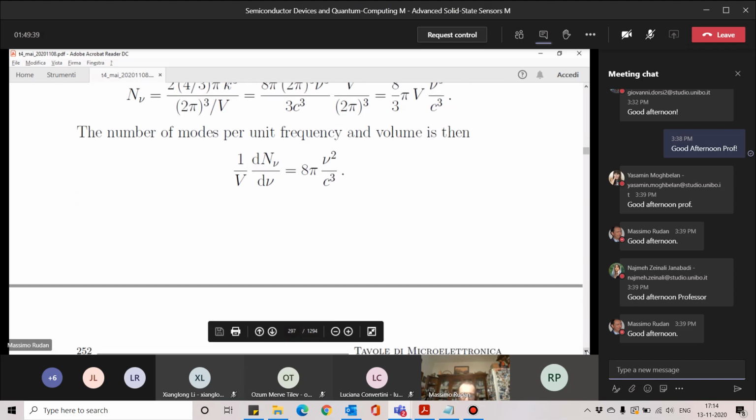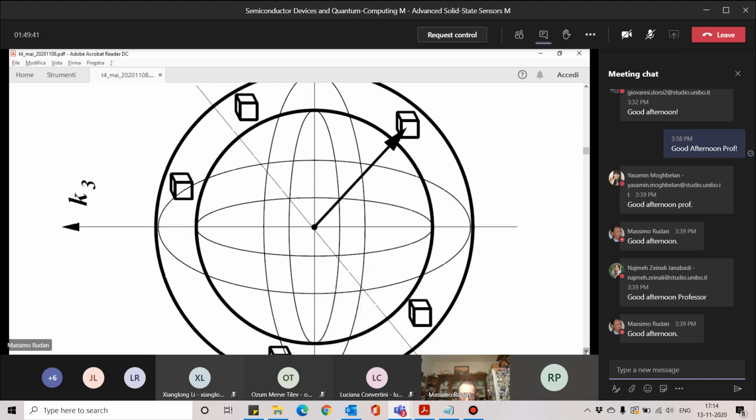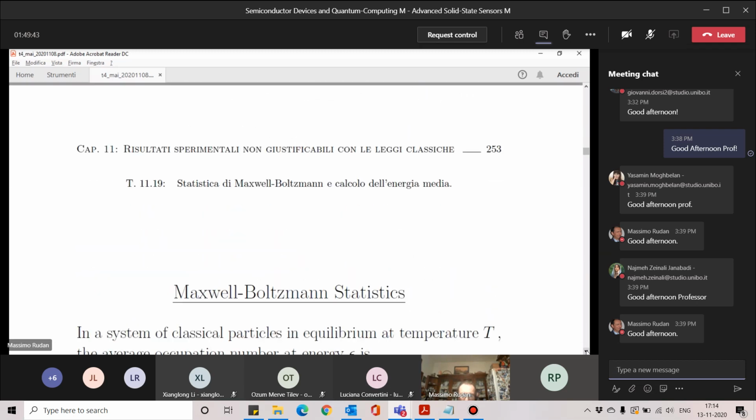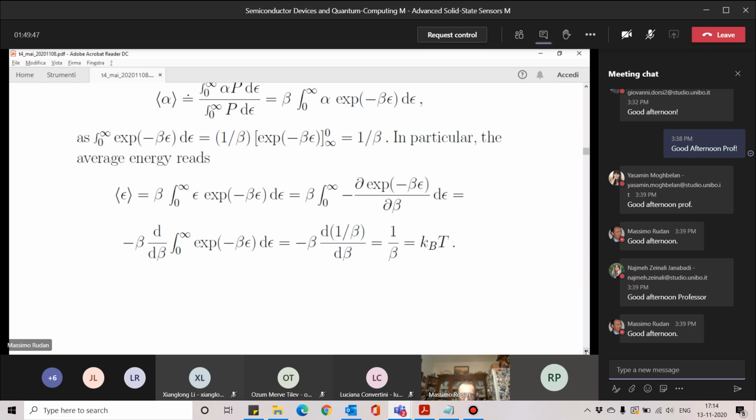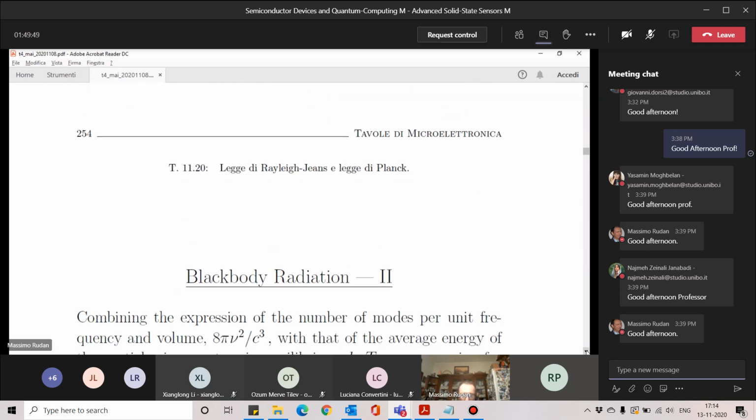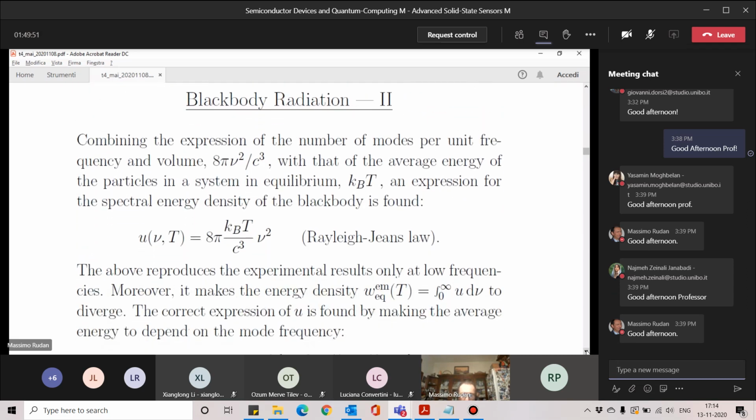And this is the conclusion. The average energy times the number of modes per unit frequency gives the spectral energy density of the black body according to this theory. That is, we find 8 pi kT over c cubed nu squared, okay?